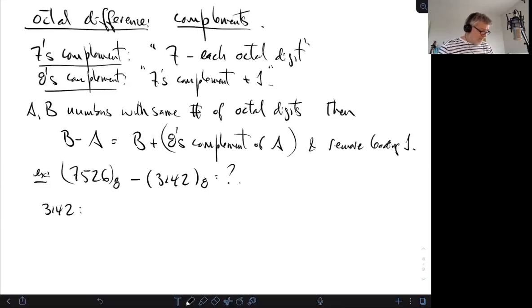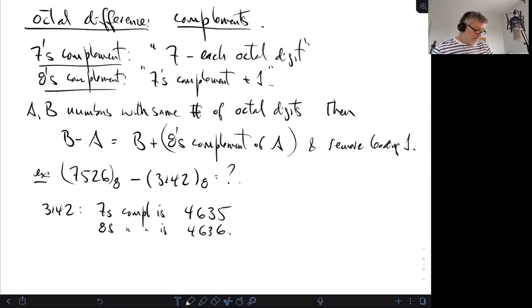So the 7's complement, let's start with that. So what do I do? It's 7 minus each digit. So this is 4, 6, 3, 5, right? The 8's complement, I just add 1. So that's 4, 6, 3, 6.